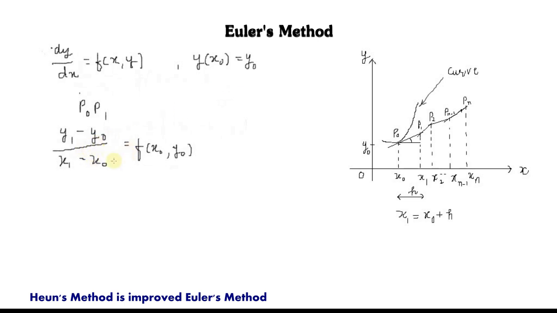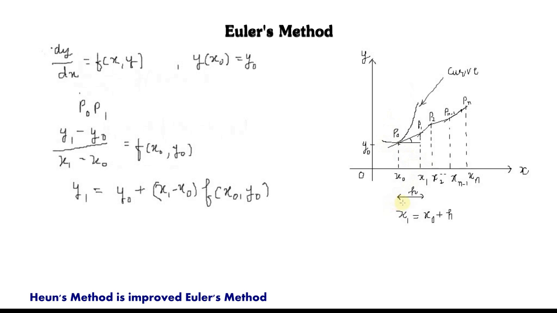So we obtain y1 equal to y0 plus (x1 minus x0) times f(x0, y0).